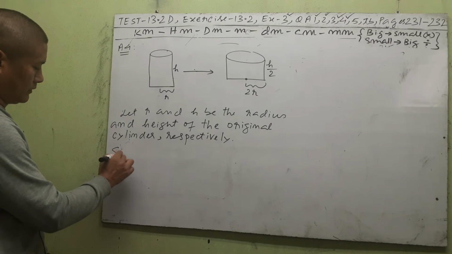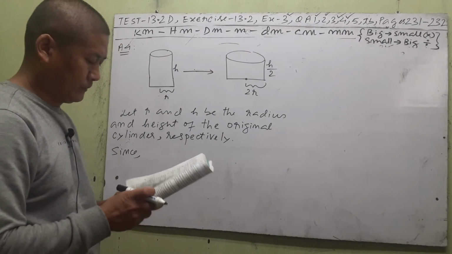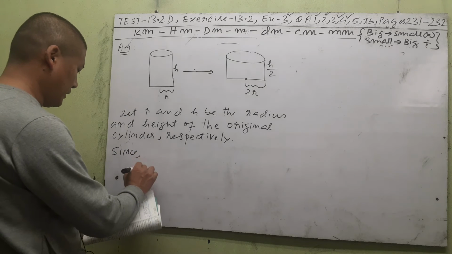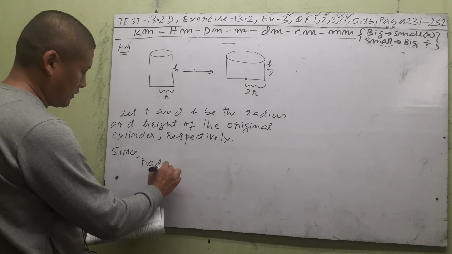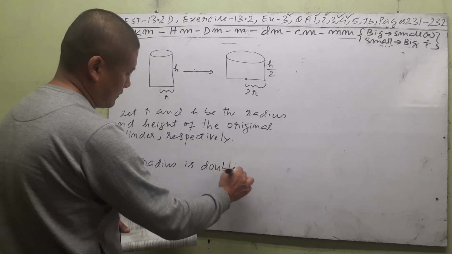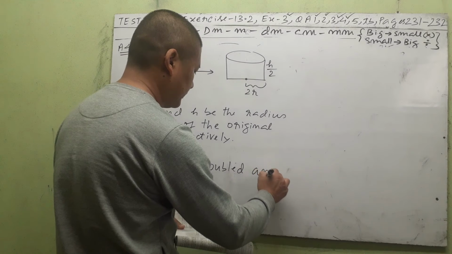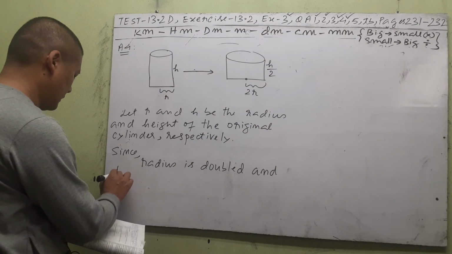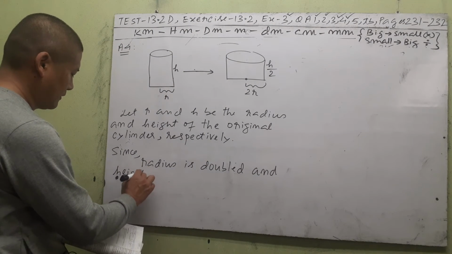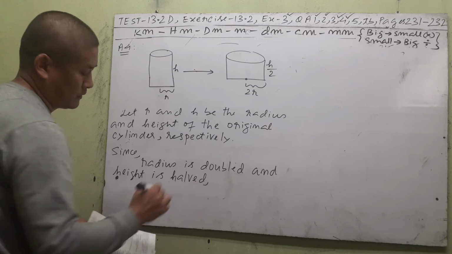Since the question is saying, this is the important part, the radius is doubled, and the height is halved.